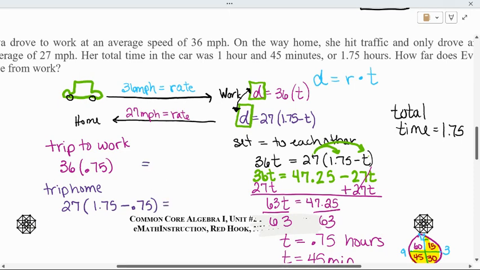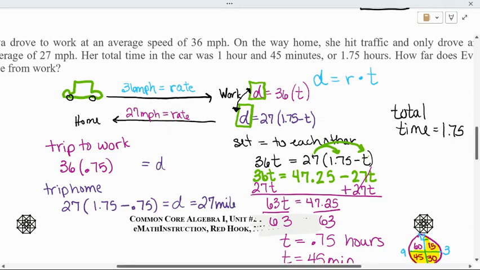Either one of those gives us our distance, because remember these were set up as 36 times t equals d, 27 times 1.75 minus t equals d. So what is the distance? What is my distance? Distance is in miles. So it's 27 miles.